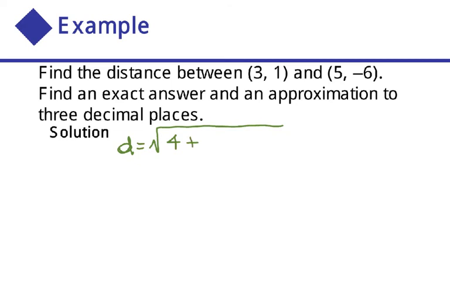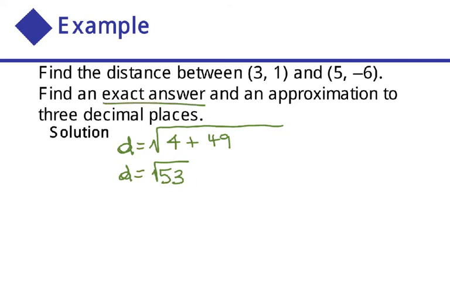Negative 6 minus 1 is negative 7. Square that and it's 49. So we have a distance of a square root of 53. I don't see any perfect squares in there. So that's the exact answer.